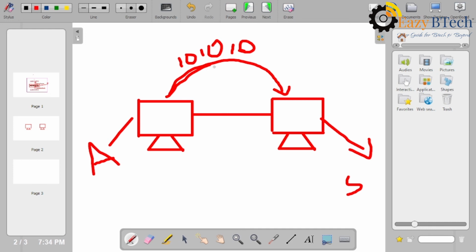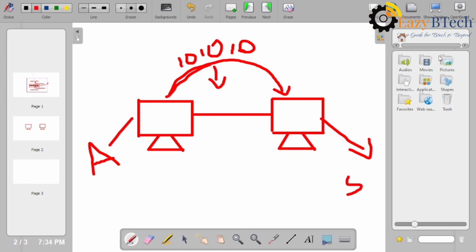It controls the flow of the data while transmitting from source to destination, and it is responsible that there is no data loss between source and destination. Flow control means it does not overflow the data, and it maintains a limit on the flow of data while sending from source to destination. That is the main thing.